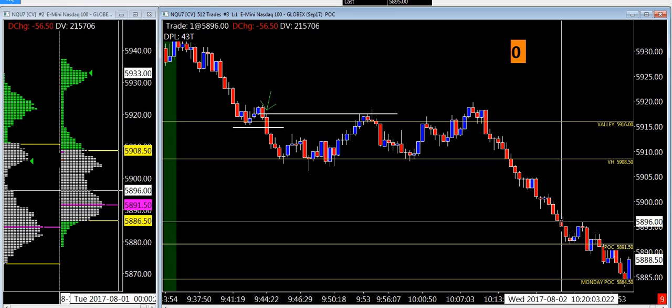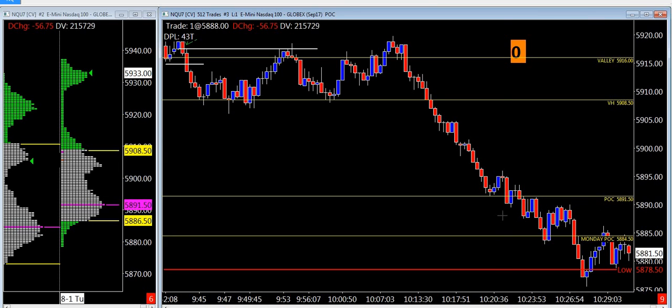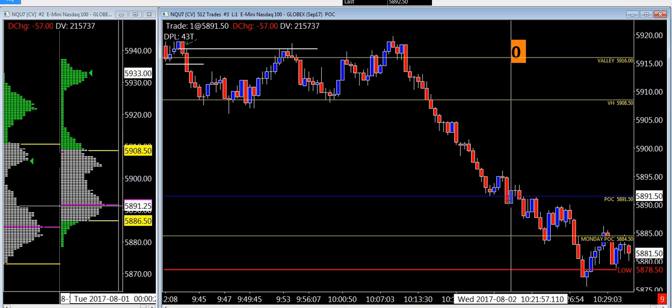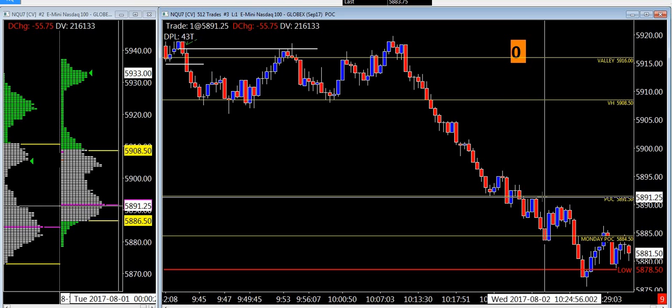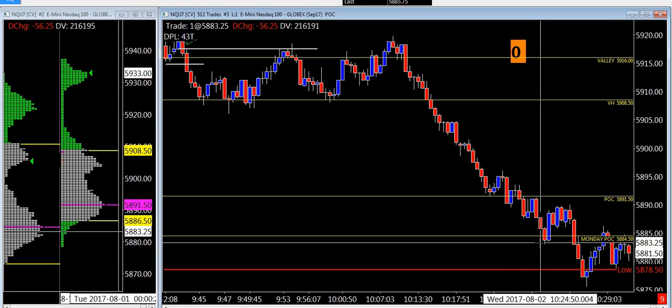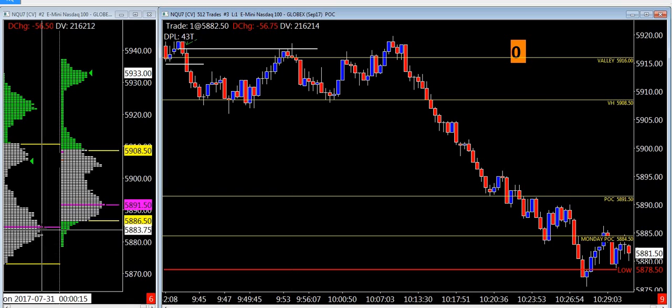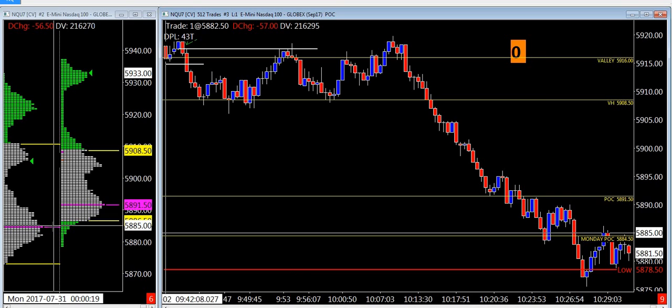And then once we've taken out the point of control over here and taken out the low, taking a pullback to this guy is perfect. And then it hits Monday's POC, which is right over here. The reason why I didn't put in the valley low is because the POC was right in cahoots with it.